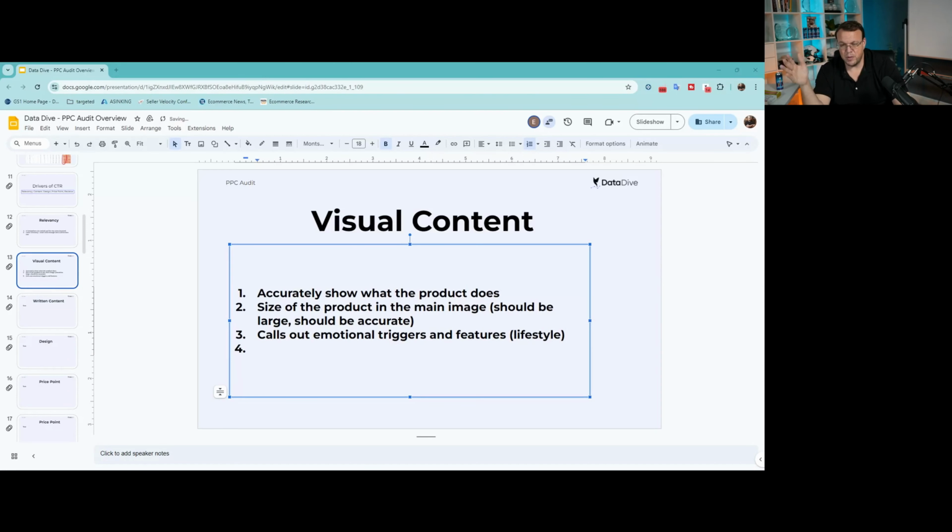So one concept per image. We're going to talk about the main image right now, Araya. Stands out from competitors. This is a dangerous one, Nick, because if it stands out too much, you can actually have a negative effect because you want to make sure that it's what people want. If you have a lot of people ranking well for a specific design on a keyword, it could mean that the majority of people searching that keyword want that design.